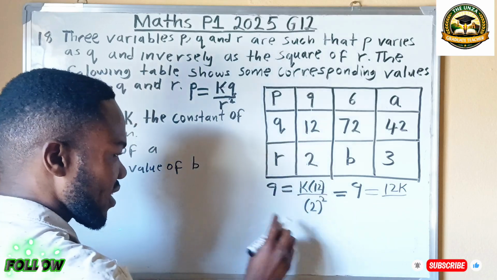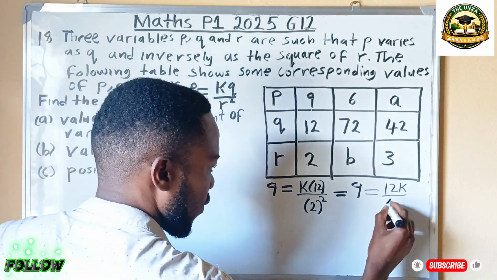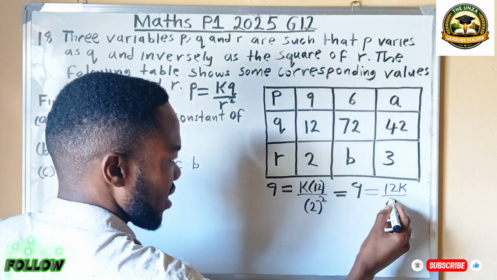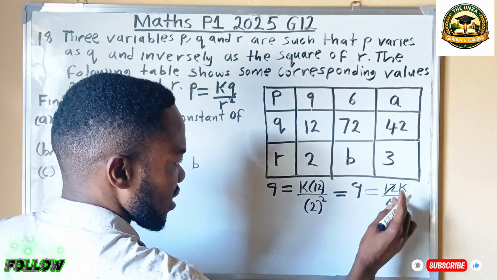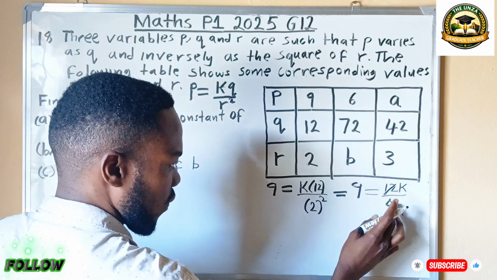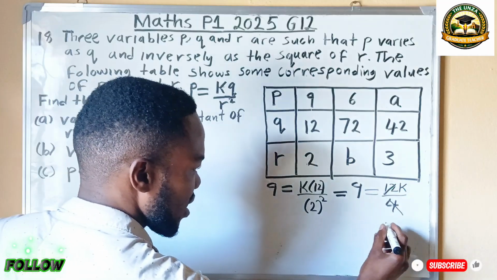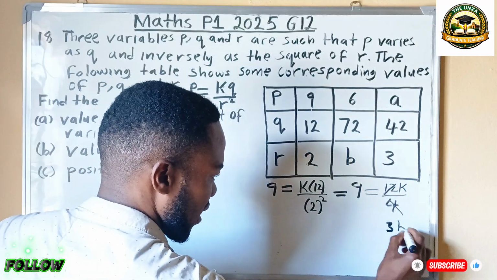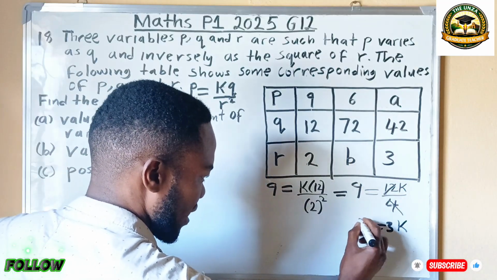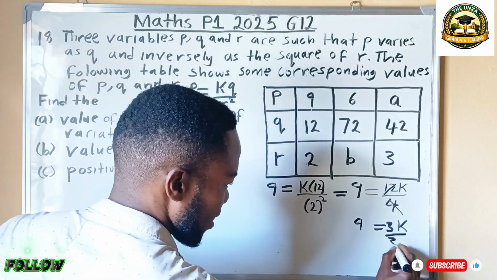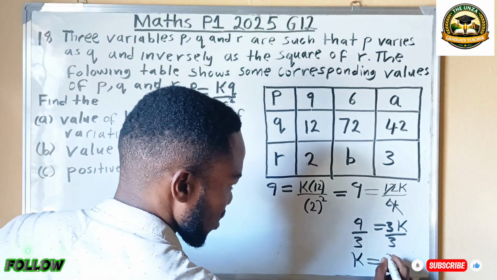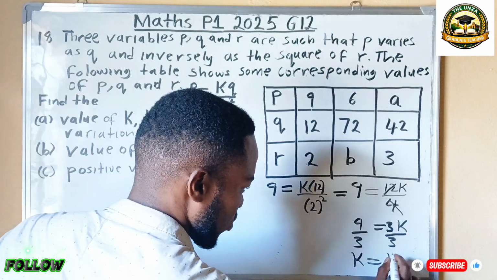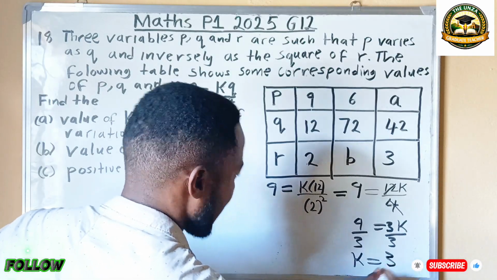Then 2 squared is the same as 2 times 2, which is 4. 4 into 12 will be 3, so 3K equals 9. You divide both sides by 3, K is equal to 3. So the value of K, the constant, is 3.